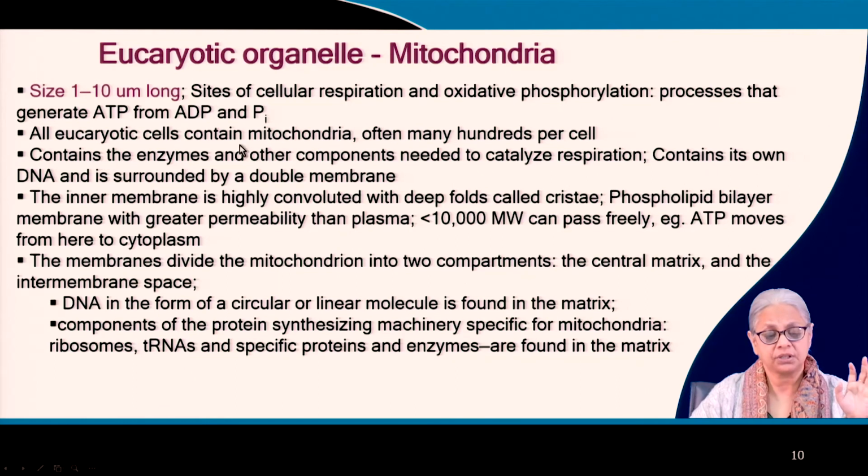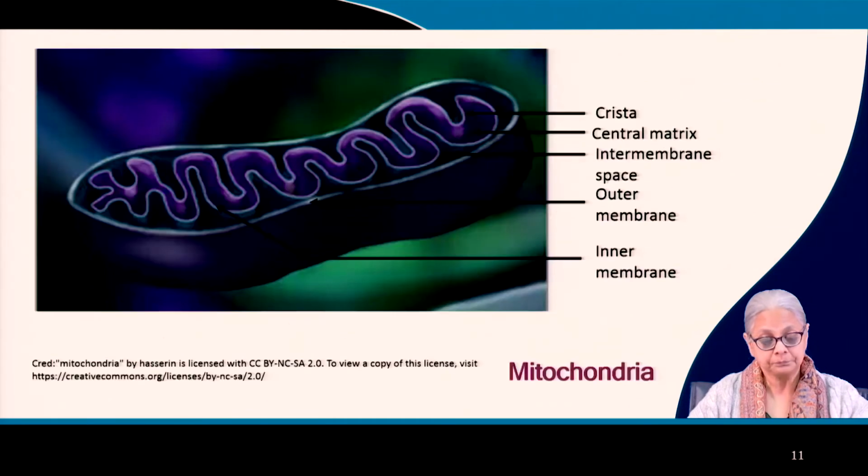All eukaryotic cells contain mitochondria, and they may have hundreds of mitochondria. The mitochondria include enzymes and other proteins needed to catalyze respiration. When I say proteins, I mean enzymes that are needed to catalyze respiration. It contains its own DNA and it is surrounded by a double membrane.